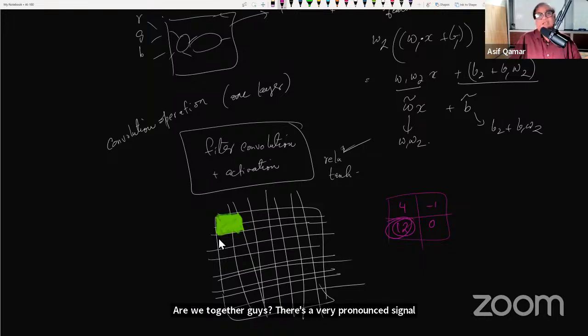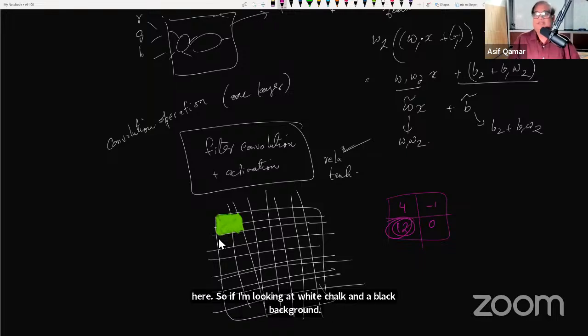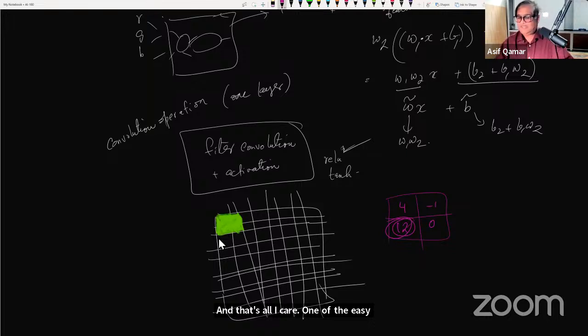So if I'm looking at white chalk on a black background, and that's all I care about, one of the easy ways I can zoom out is by taking the max of the grid. And I say, hey, you know what? I'll take 12.